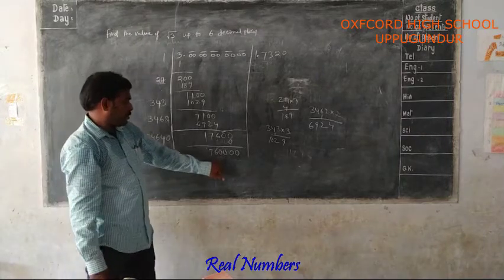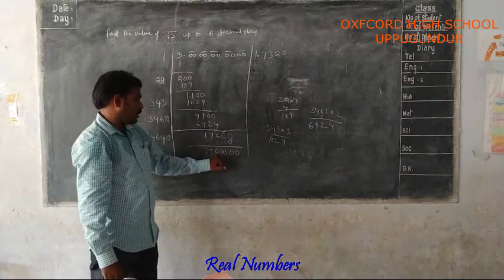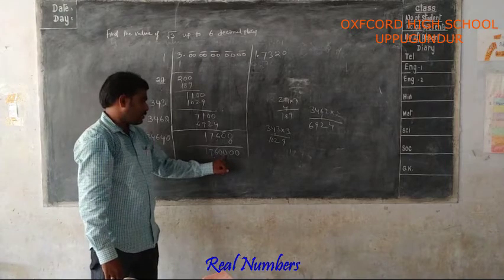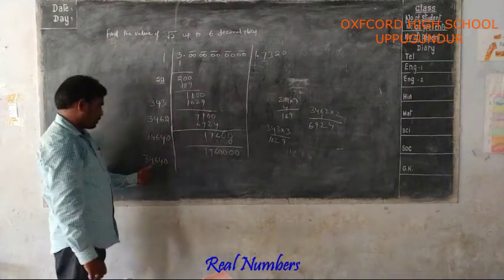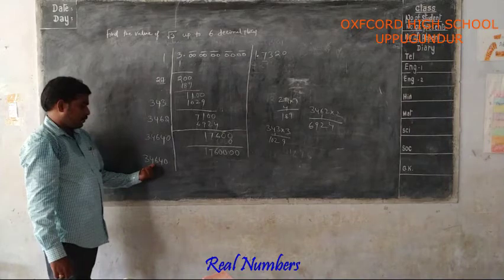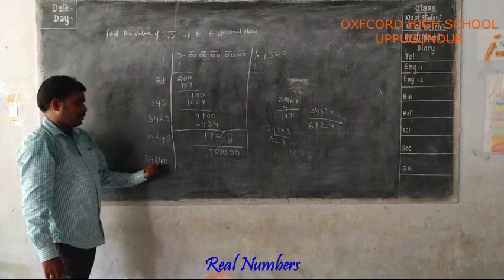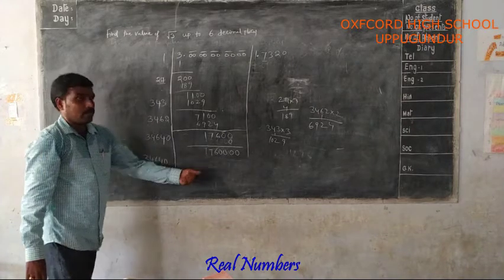Now this is ones, tens, hundreds, thousands, 10,000, lakh, 10 lakhs. 17 lakhs, 60,000. This one is 3 lakhs, 46,000 something. This is 17 lakhs.